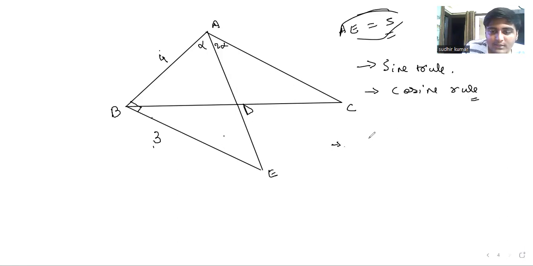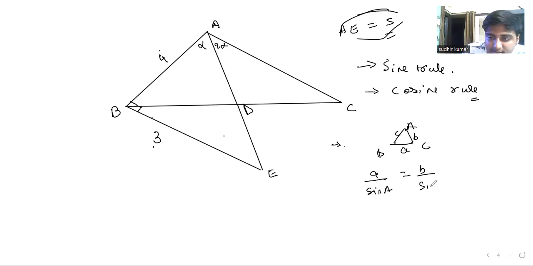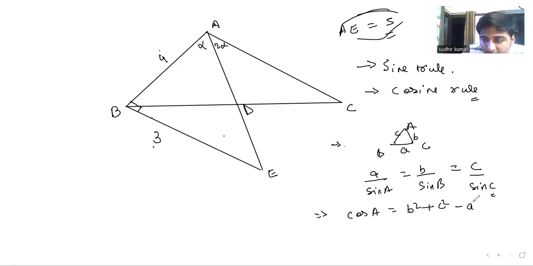So sine rule says that if in a triangle we have A, B, C as the angles and similarly a, b, c as sides, then a by sine A is equal to b by sine B is equal to c by sine C. And for cosine rule, we have that cos A is equal to b square plus c square minus a square upon 2bc.